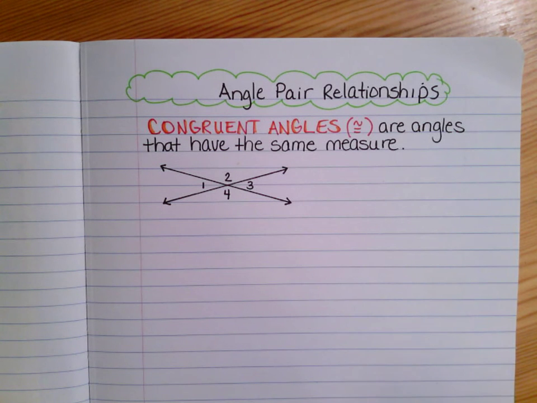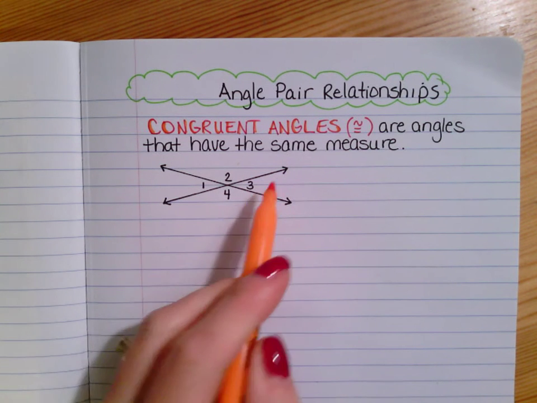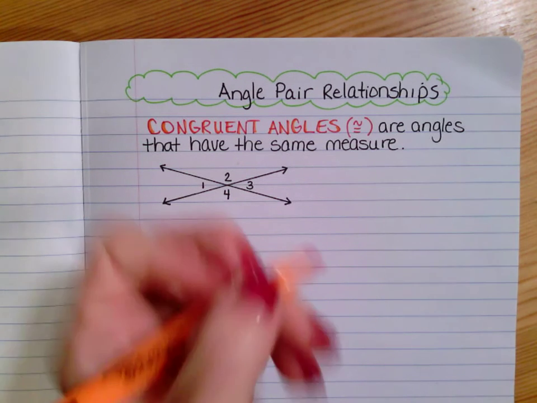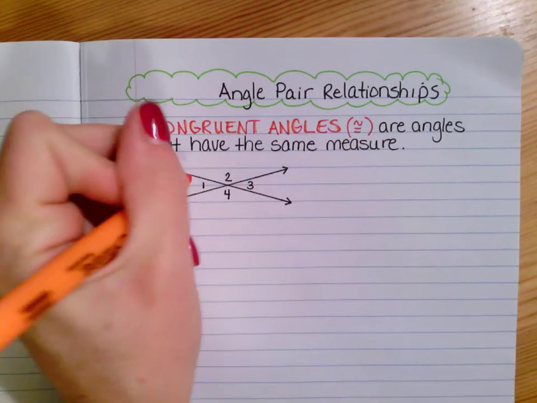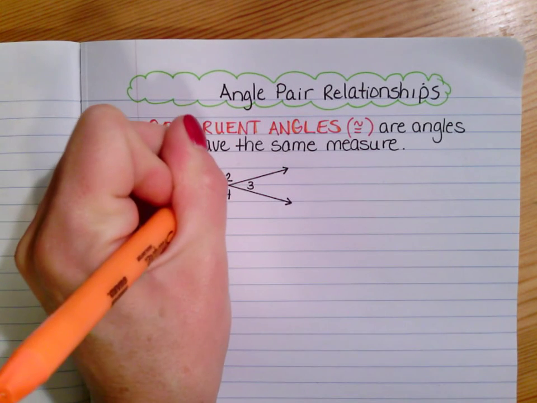All right. And so now let's illustrate what vertical angles are. So vertical angles are angles formed by two intersecting lines. So we have two intersecting lines here. They're lines we can tell because on each end there's little arrows to indicate they go on forever and ever. So when you have two intersecting lines, it forms four angles. And angles that are opposite each other are vertical angles. So for example, 1 and 3, we would consider those to be opposite each other.